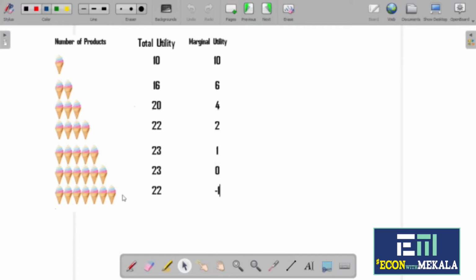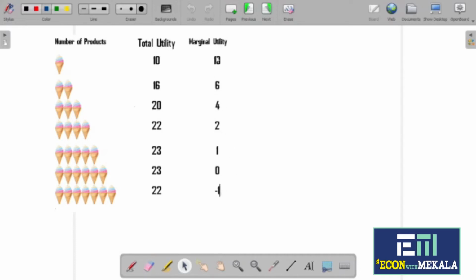If you go on like this, keep adding more and more ice creams, what will happen? When you keep offering more and more ice creams to a student, the additional utility the student gains from each ice cream is decreasing. Marginal utility is the additional utility the student gains from consuming one more ice cream. For the first ice cream it's 10. When you go to the second one, 6, then 4, 2, 1, 0.